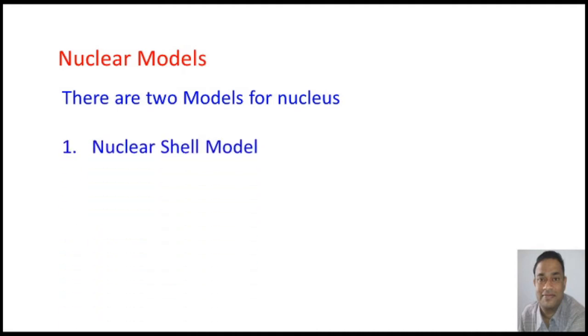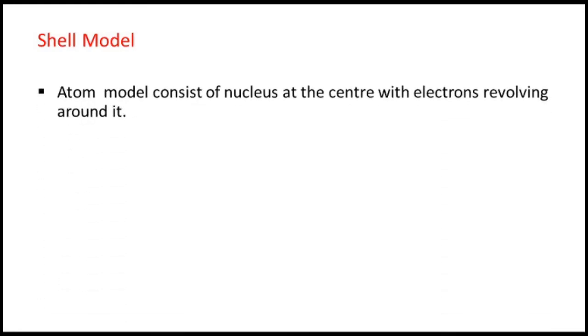So similarly, there should be some model of how a nucleus looks like, and that model is called the nuclear models. There are two types of models. One is the nuclear shell model and the other is the liquid drop model. So first we are going to see the shell model.